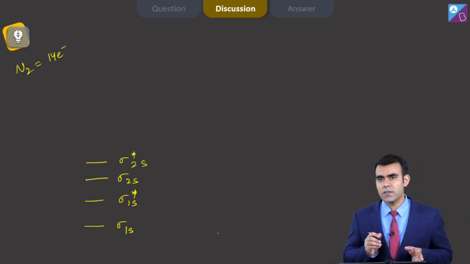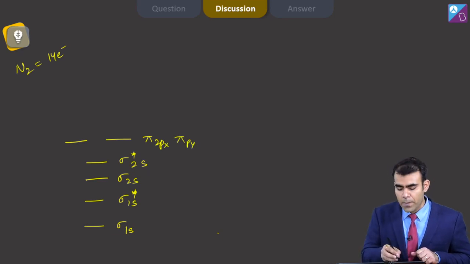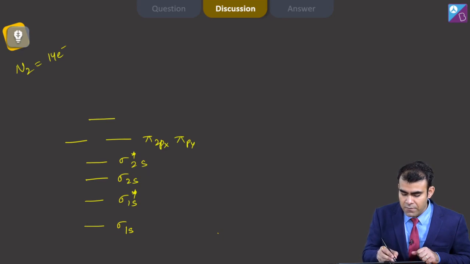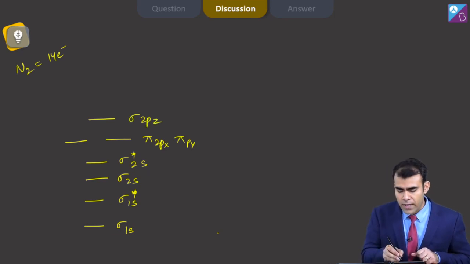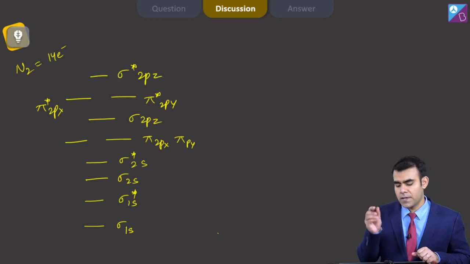After that we have pi 2px and pi 2py bonding molecular orbitals. Then after that we have the sigma 2pz bonding molecular orbital, then pi star 2px and pi star 2py, and finally sigma star 2pz.